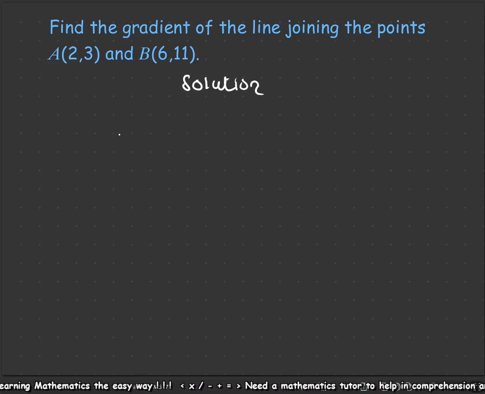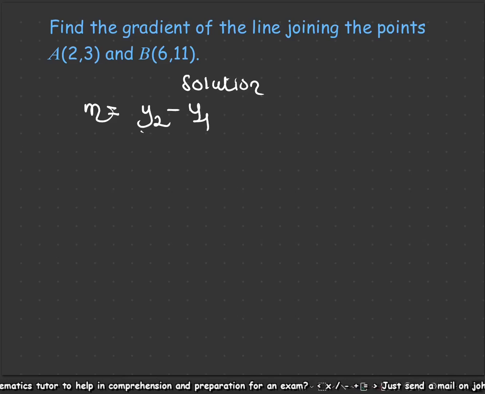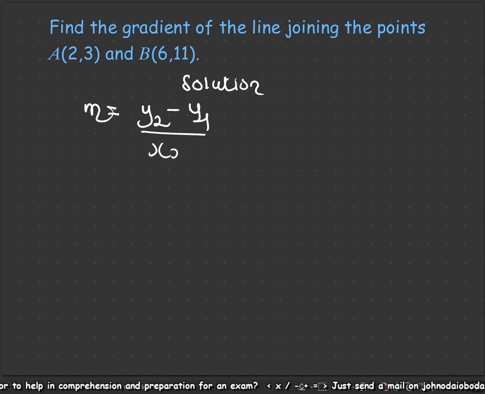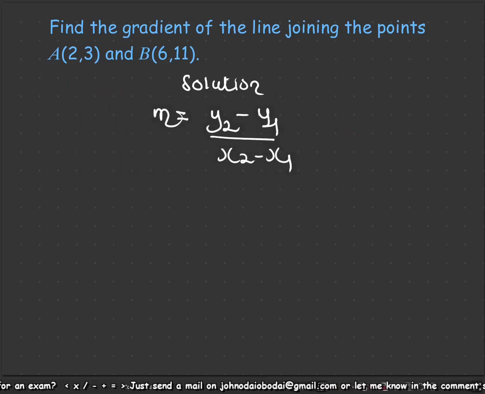Now we know if we are representing gradient with m, then the gradient of a line is given as y2 minus y1 all over x2 minus x1. So if this is your formula, then all this means is at any point in time, you need to be able to tell what your x1, y1, x2, and y2 are.